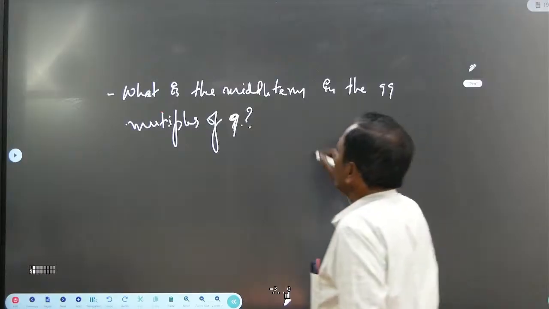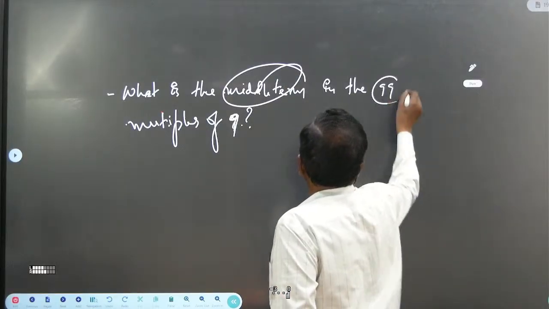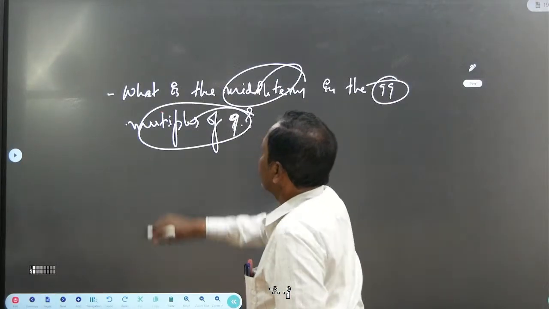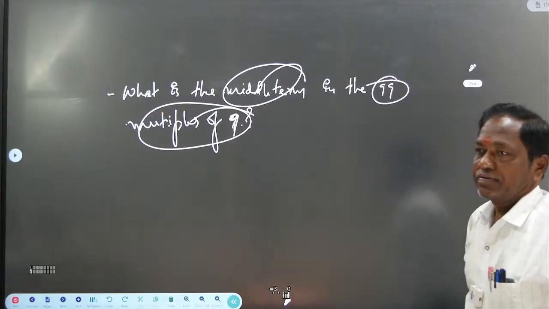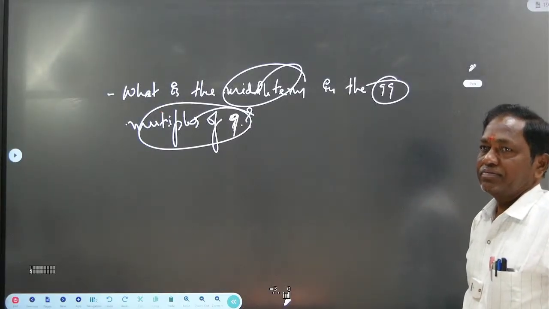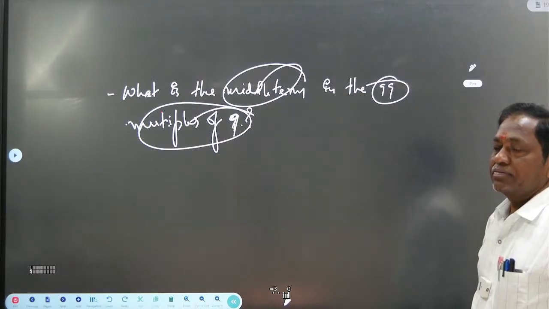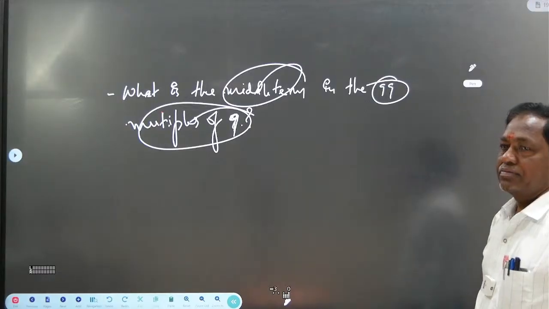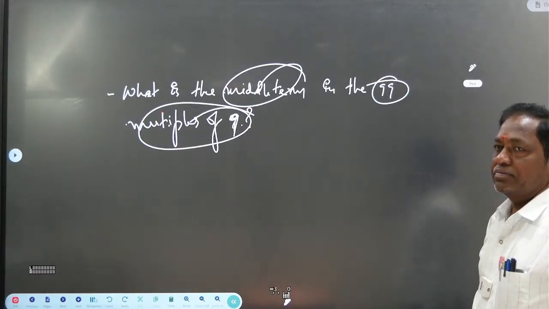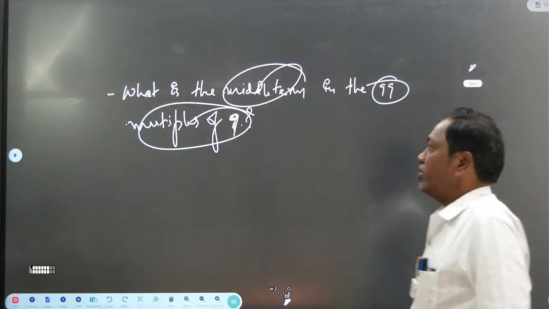What is the middle term? 99 multiples of 9. It means what?